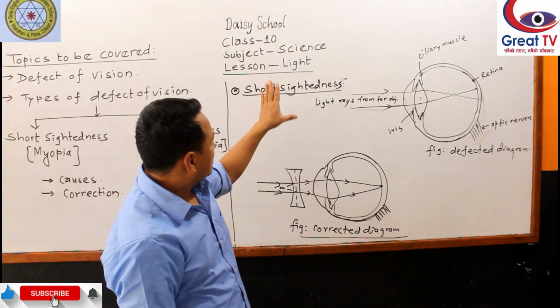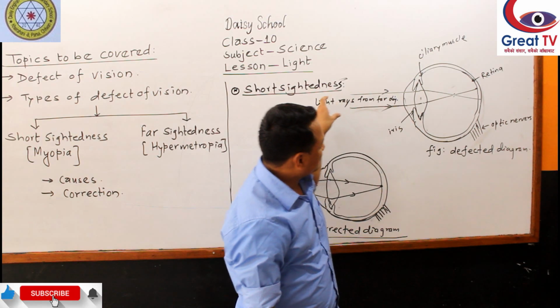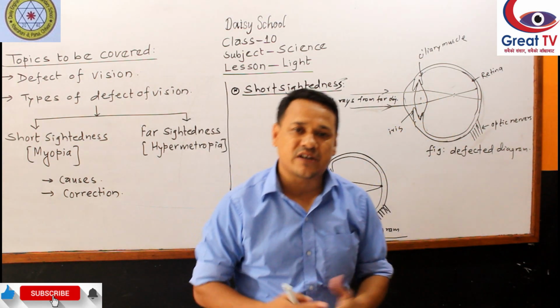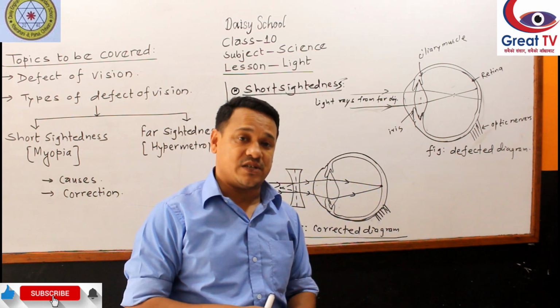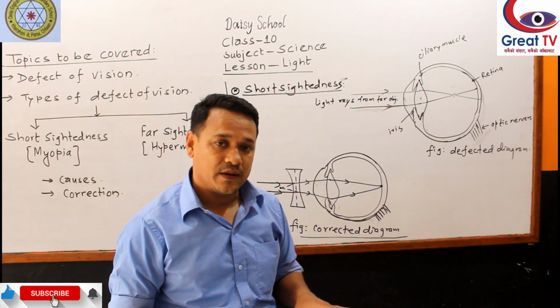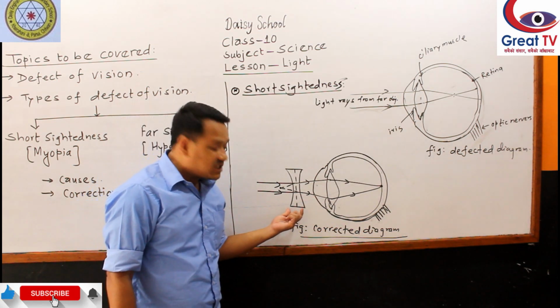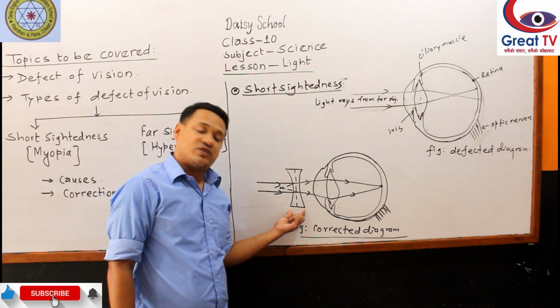Once again, in short-sightedness, light rays from the far object intersect before the retina, because of which the image cannot form at the retina and we cannot see the far object clearly, but we can see near objects clearly. At that time, we have to use spectacles containing a concave lens of suitable power.